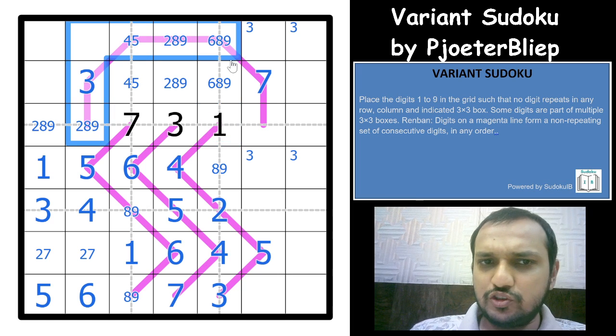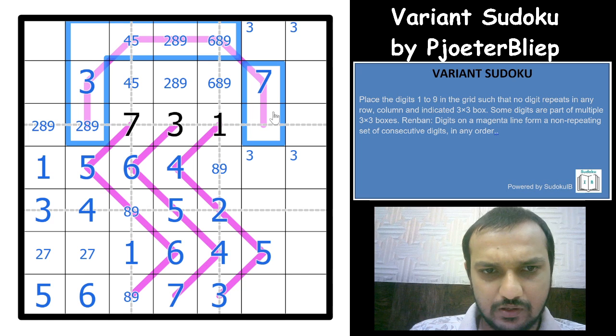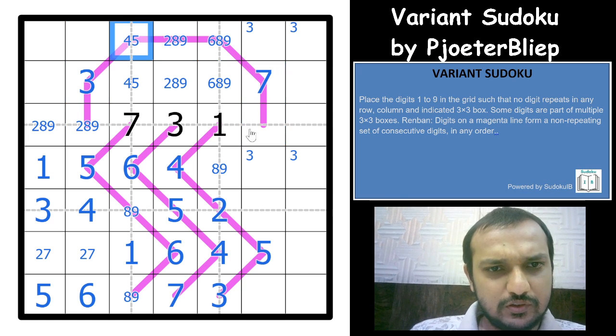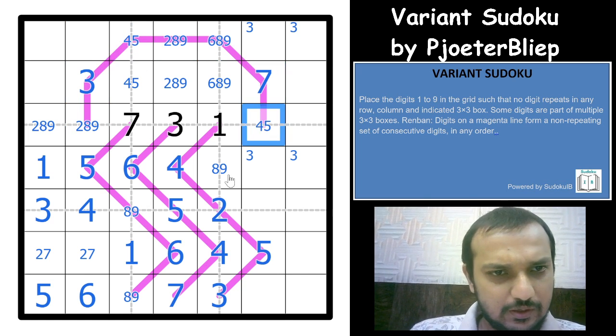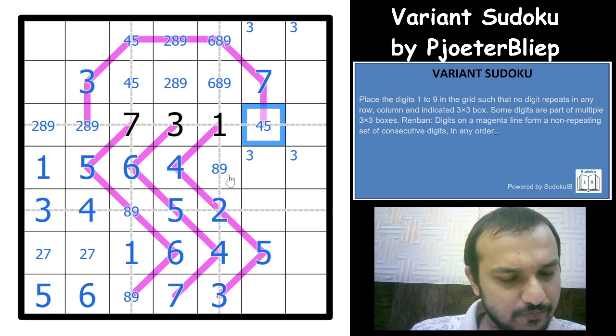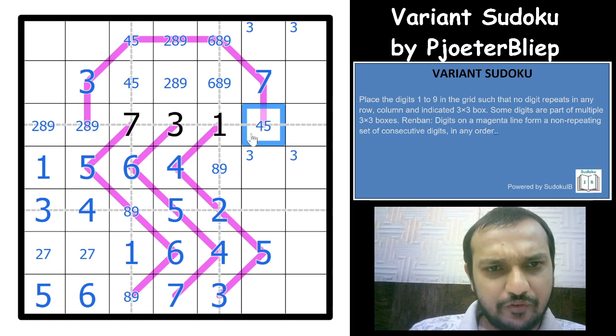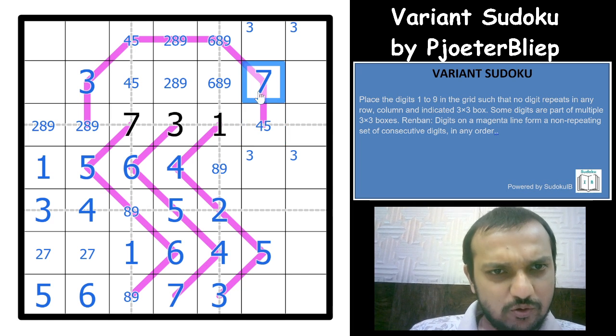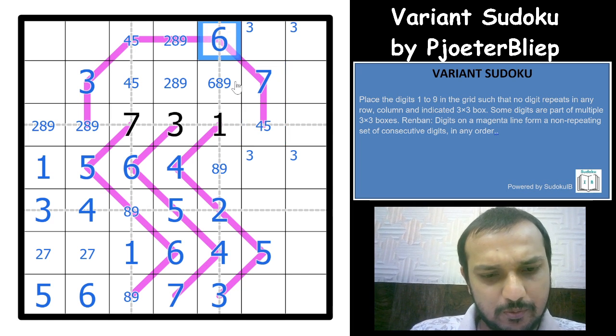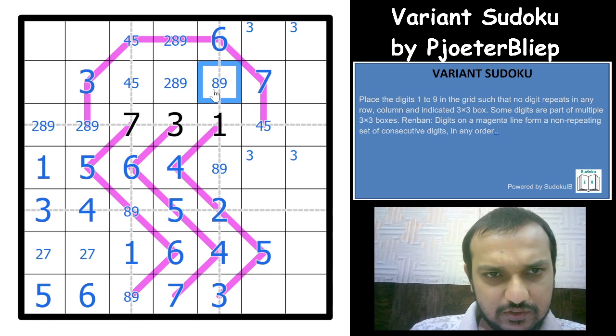This line would surely have a 4 and a 5, right? One of the 4, 5 is here, the other 4, 5 would have to be this cell. So 3, 4, 5, 7, we need to have a 6 and that's the only possible place for a 6. That's nice.